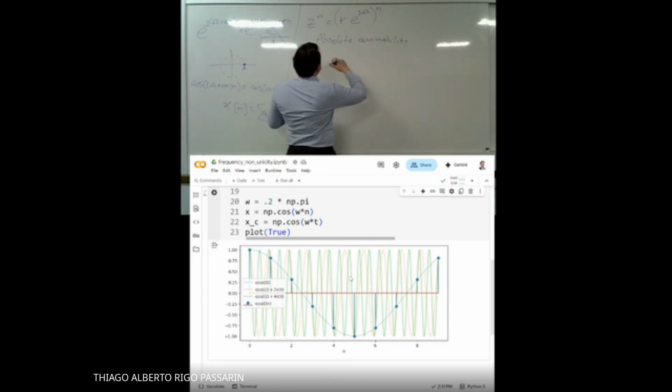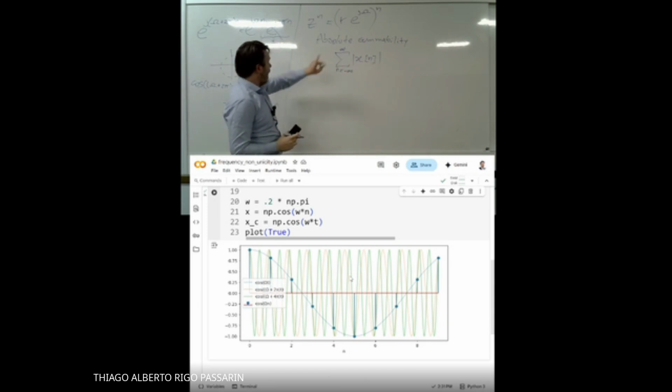So we define a sum, n from minus infinity to plus infinity of my signal, the absolute value of x of n. That's it.